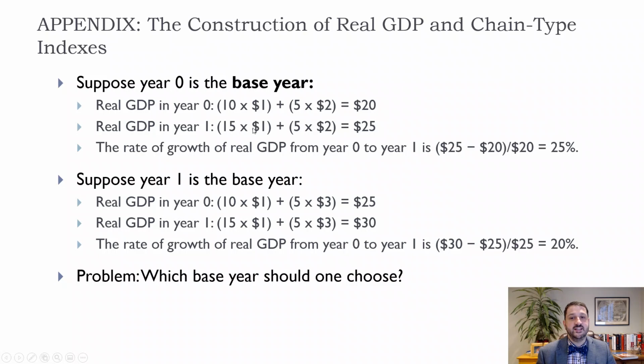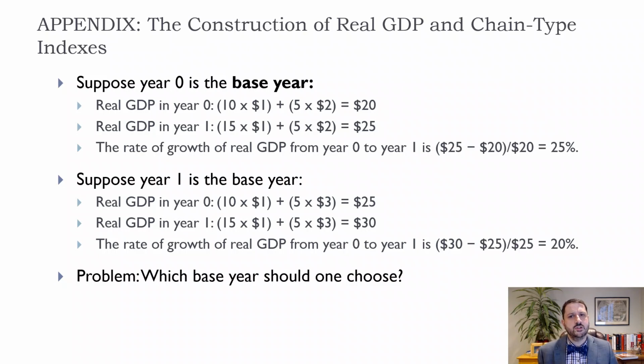And then 15 times 1 plus 5 times 2 is 15 plus 10, or $25 for year 1. We do the rate of growth. 25 minus 20 is 5, divided by 20 is 25%. So if we use year 0 as the base year, we get a growth rate of real GDP of 25%.